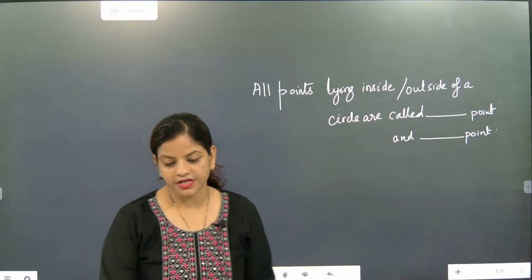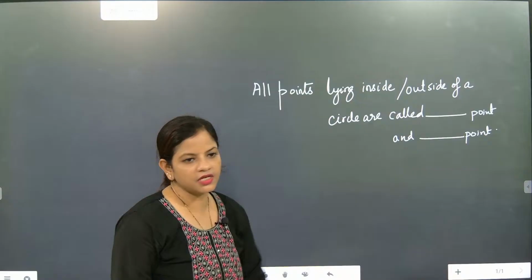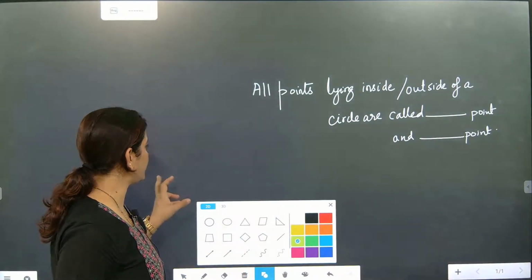Think about it and say. All points lying inside or outside of a circle are called these points. Come on, go for it. Think what you can write about it.